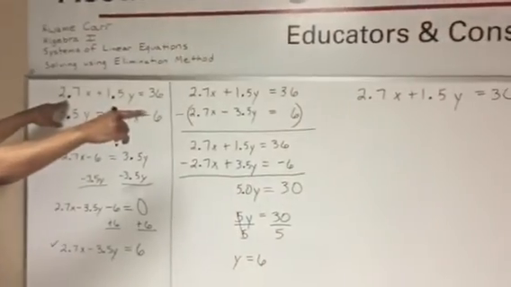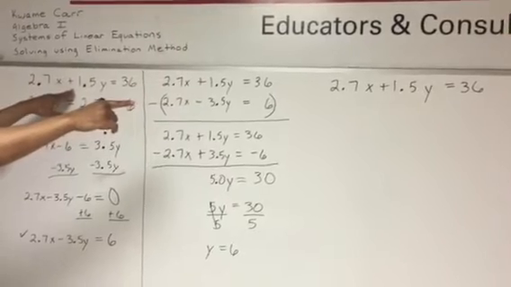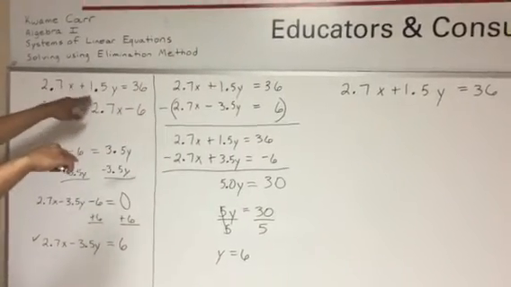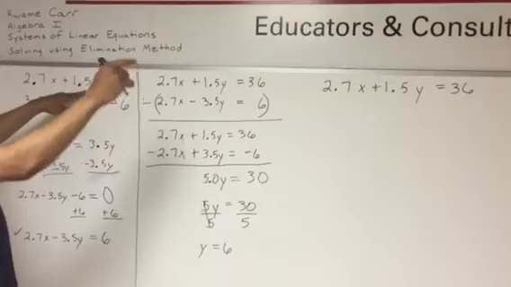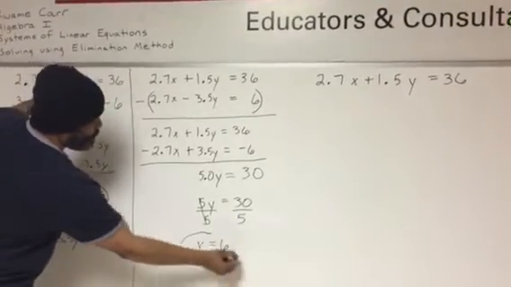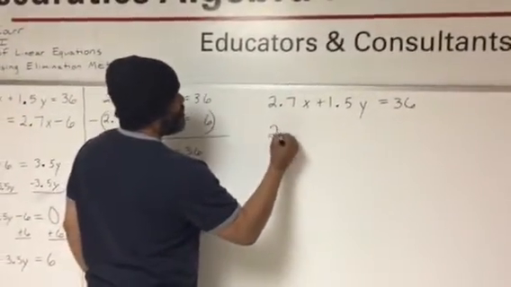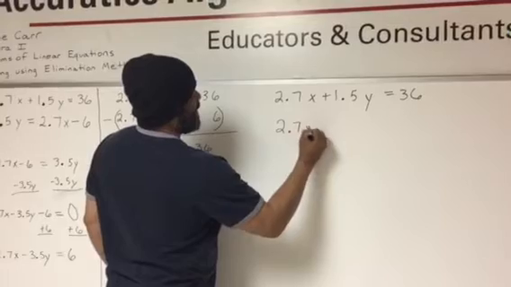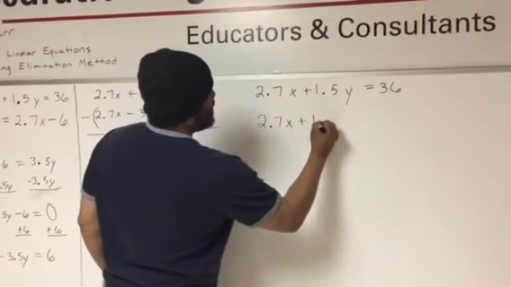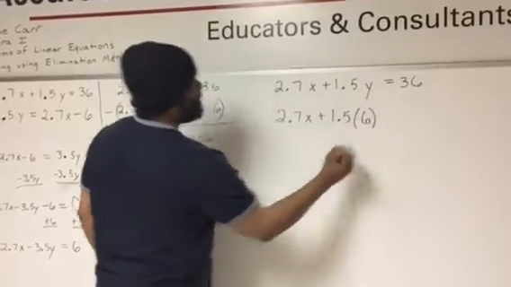2 7/10 x plus 1 5/10 y equals 36. And we said the y equals 6. So I'm going to go back in, 2 7/10 x plus 1 5/10 y, but we said y is 6.